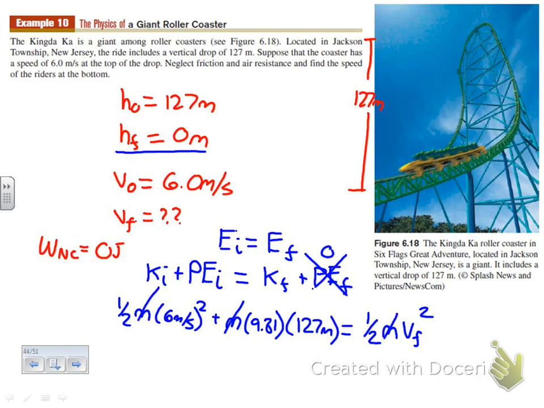If we wanted to, we can multiply everything by 2, or we could just solve through it. If we solve this, I'm assuming we did the math correct, we'd find out that the final velocity is equal to 49.98 meters per second.